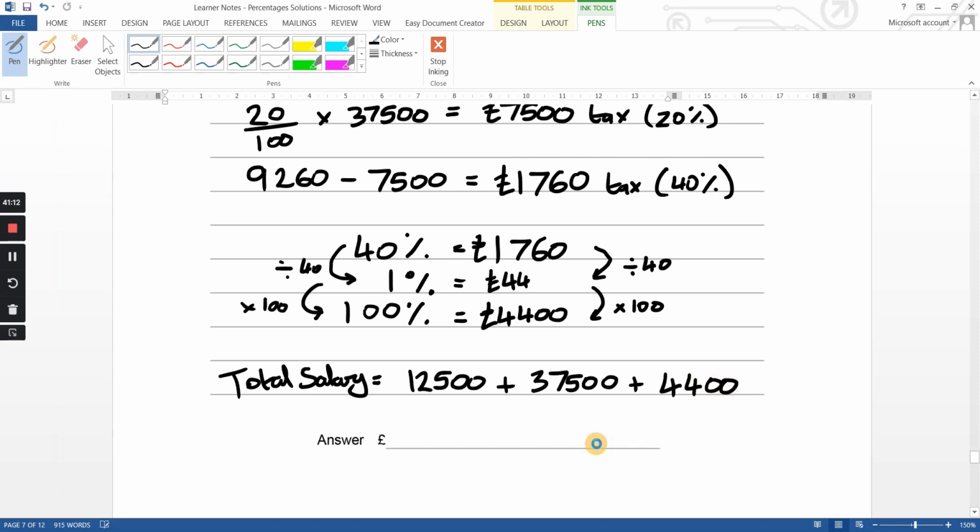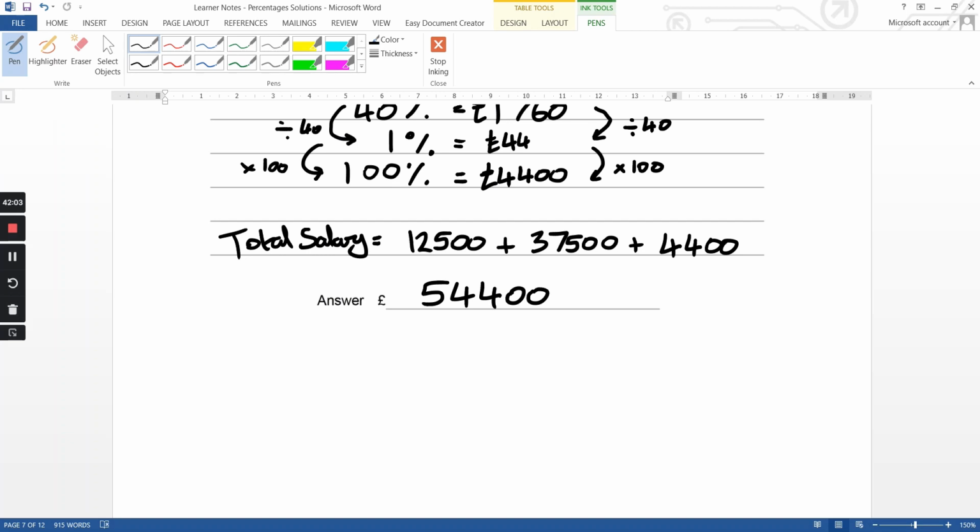So if you add up all these, this should give us our final answer. We get £54,400. Yep, that's her salary. Yep, so that was the last one.